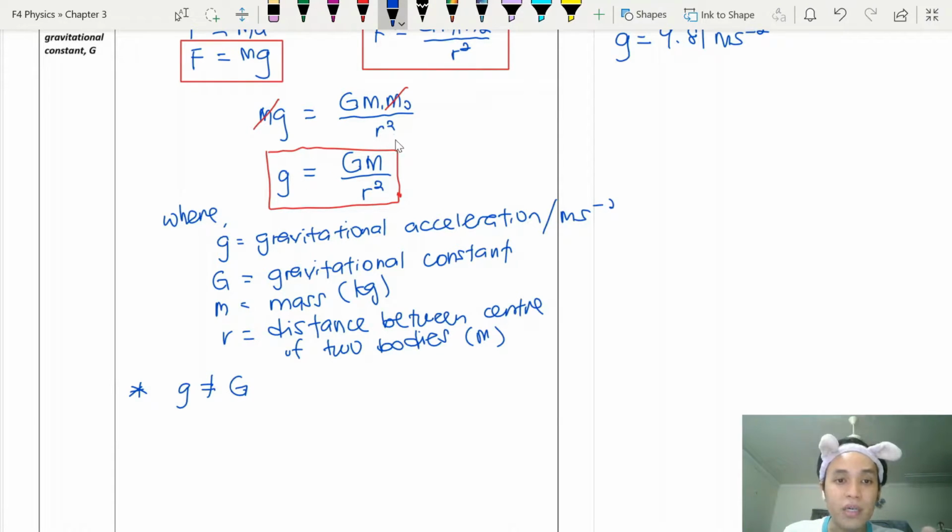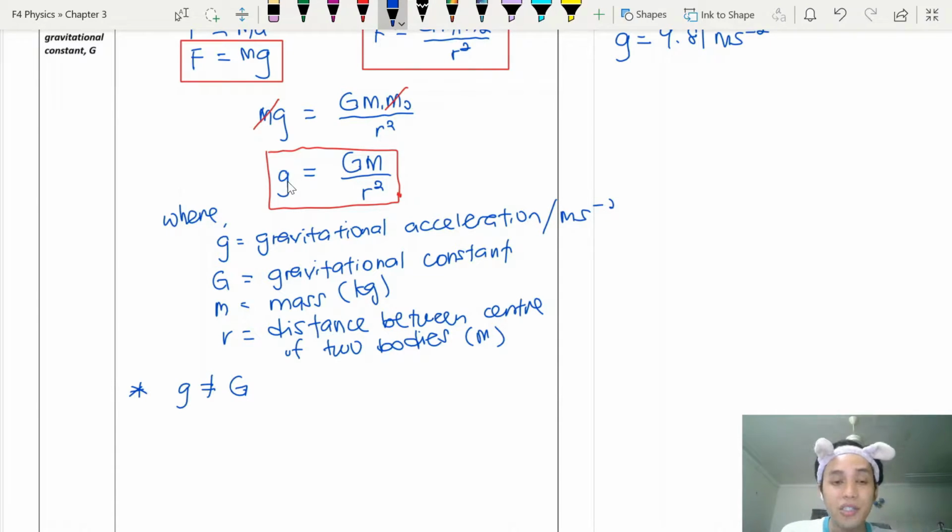Although we have a formula to show the relationship between the two, in this case these two are not related. And the reason is very simple. This is a constant. The value will not change. Therefore, g is not affected by the gravitational constant.